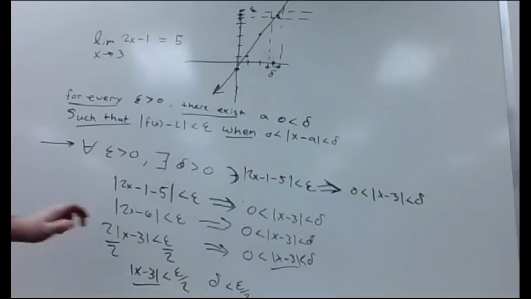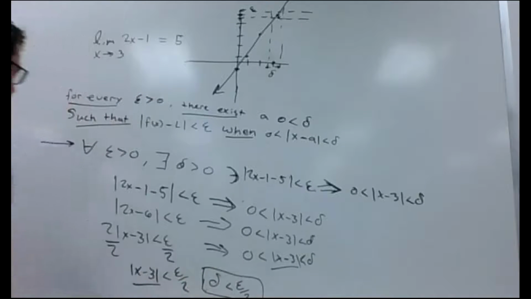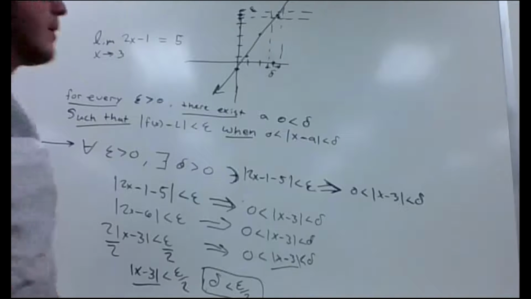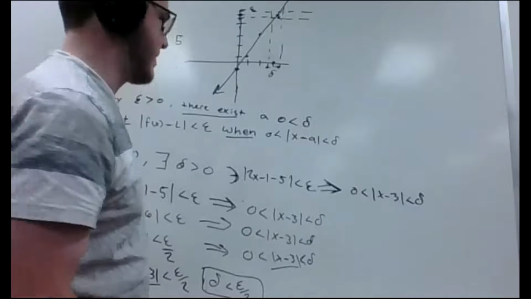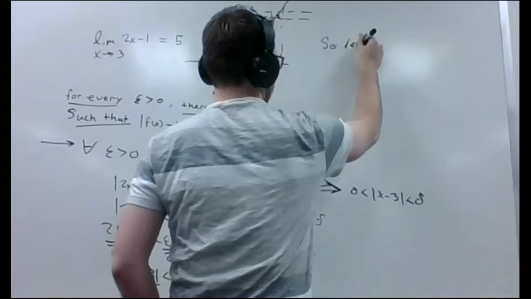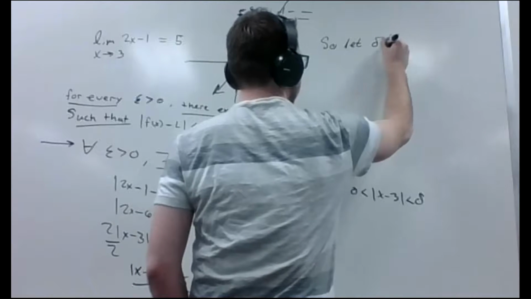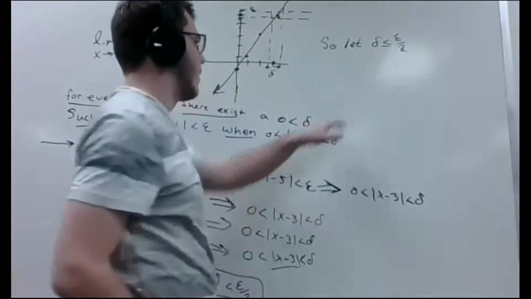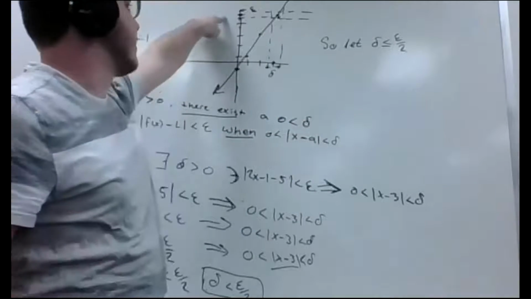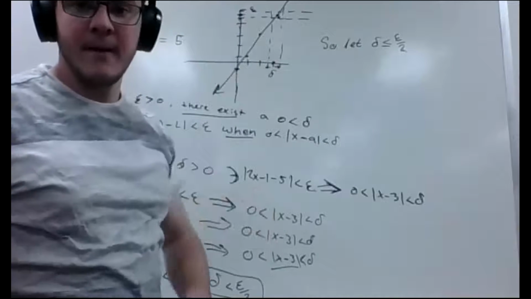Once we come up with this relation right here, we go into our closing statement. It just starts with: let our delta be less than or equal to our epsilon, saying that if we go a little bit this way, we're going to be within that on the epsilon.